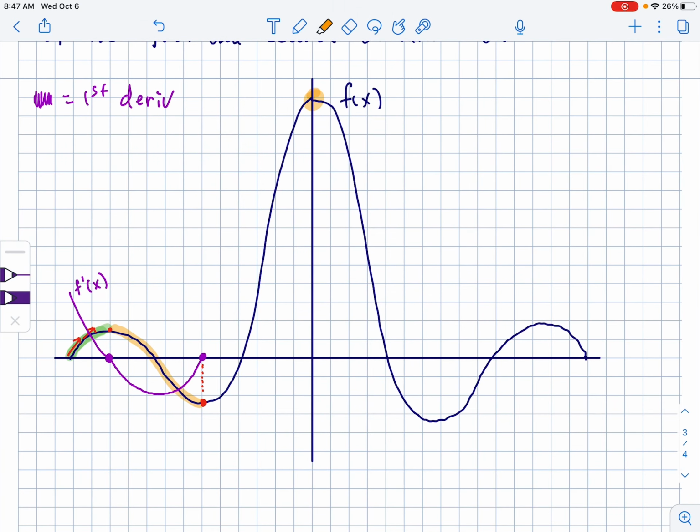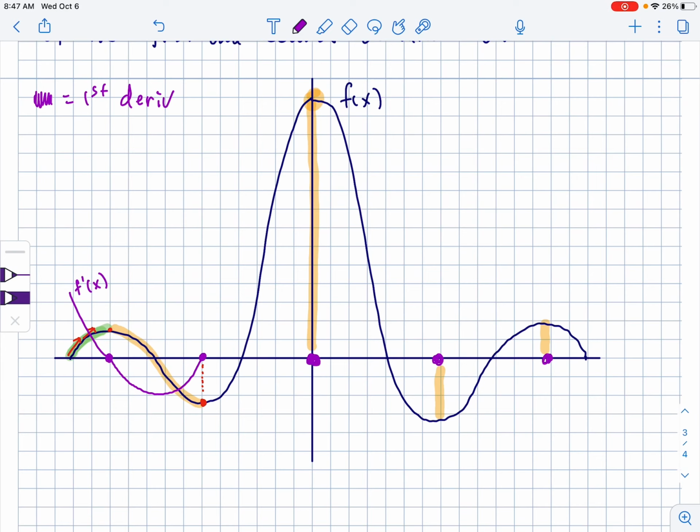Any local min or local max, like this spot right here, is going to be where the derivative touches the x-axis because that's a derivative of 0. So we know it's going to come back and hit right here. Then at the next turning point, it's going to hit here, and then at the next turning point, it's going to hit here.